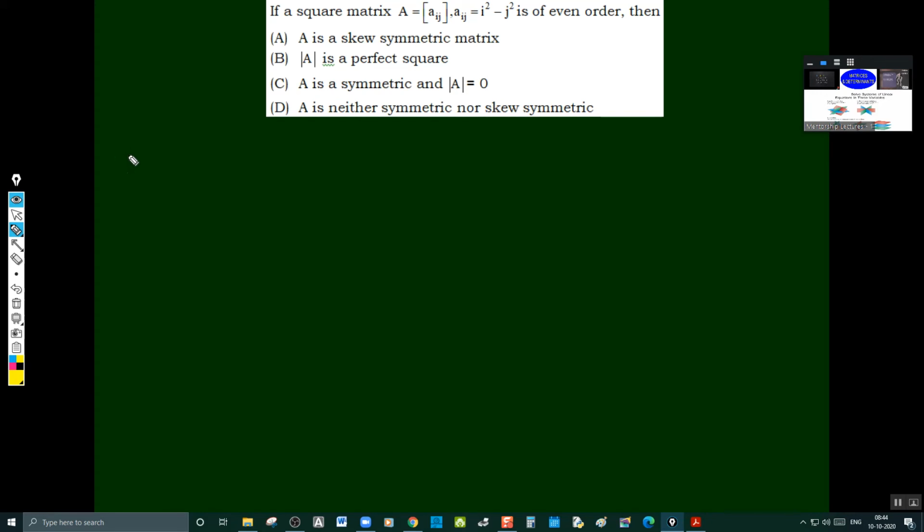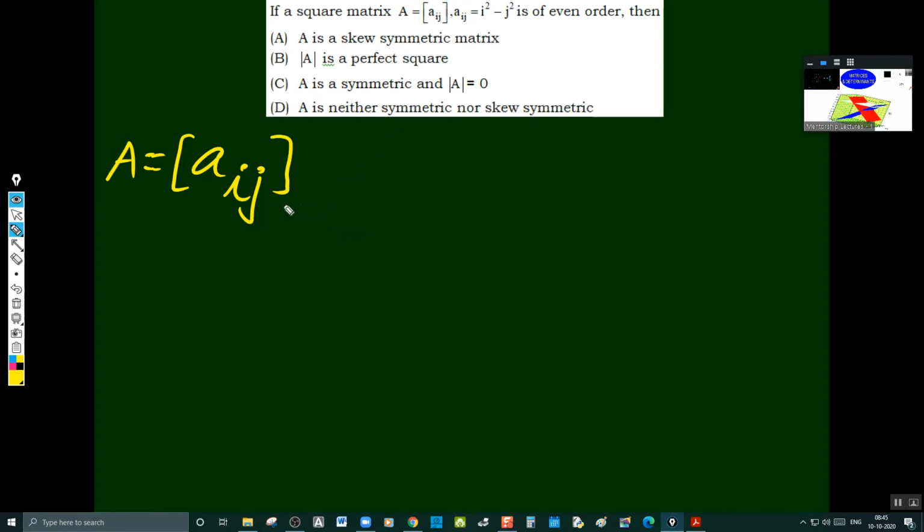Why have I taken this question? A is equal to AIJ is given as a general element, and you must be in a position to expand this. This is the simplified form, or the theoretical appearance, of a matrix AIJ, and it is a square matrix of even order.